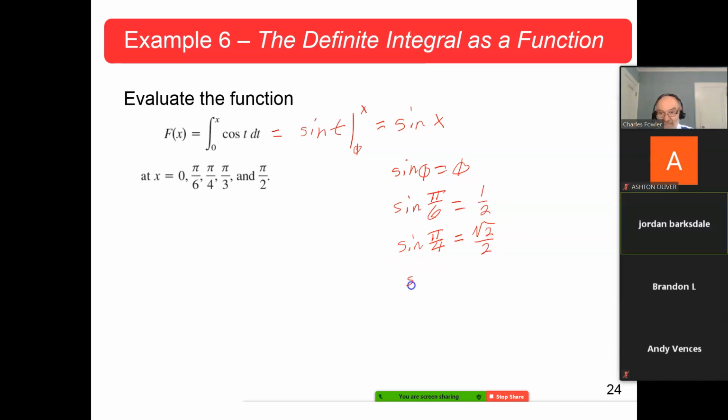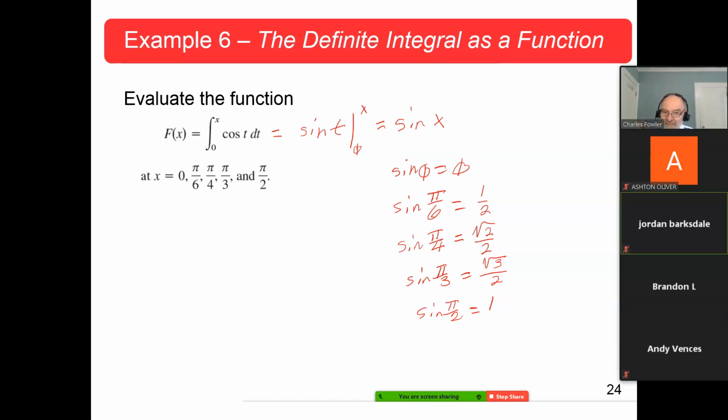Excellent. Sine of pi thirds. Anyone remember that one? Square root of 3 over 2. And the sine of pi halves. Anyone remember? One.